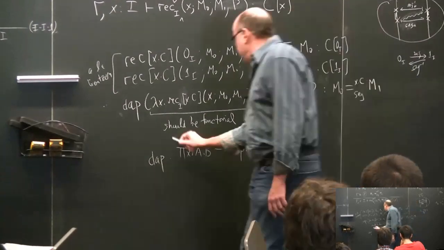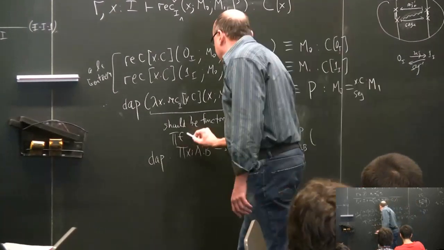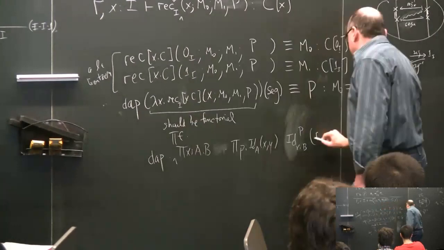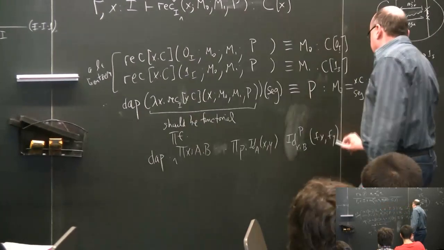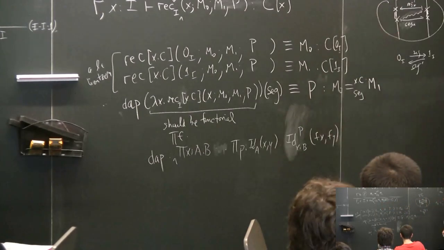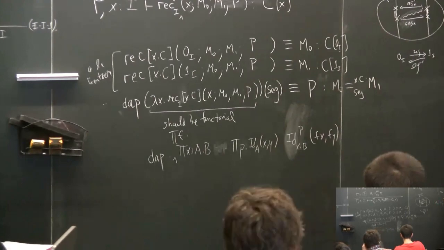This should be given a name too, so let's call that f, and then it would be f x and f y. That would be the generic type of dapp.